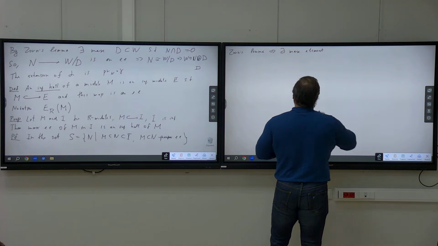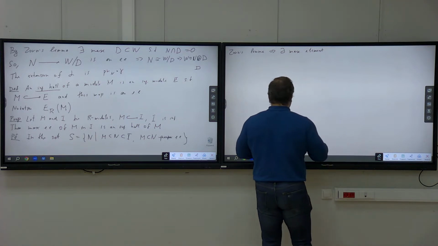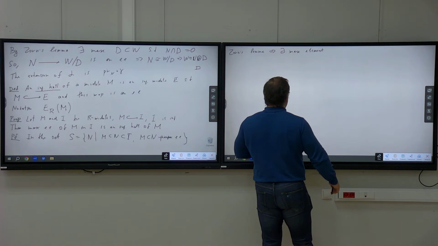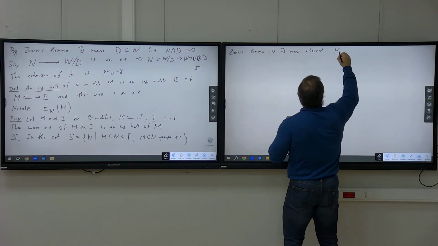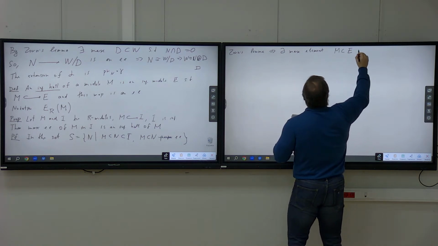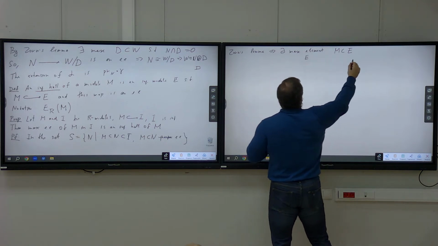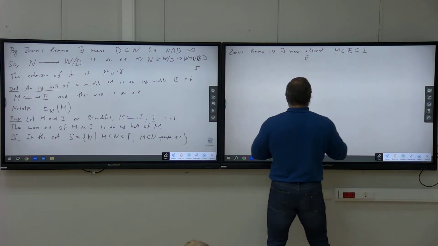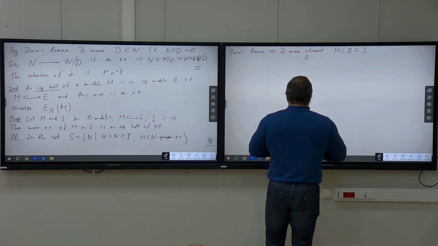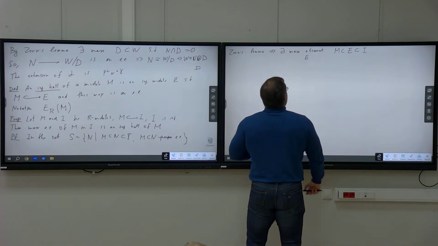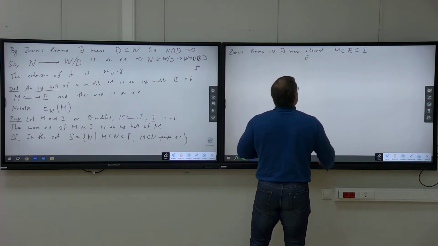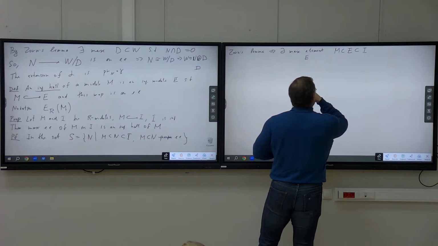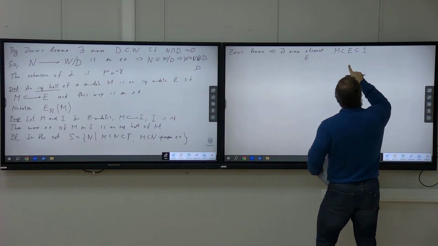Okay, so then Zorn's lemma tells us that there is a maximal element. Let's call this maximal element E. Then we have a situation where M is contained in the maximal element E, and E is contained in the given injective module I. So I want to show that E is injective.